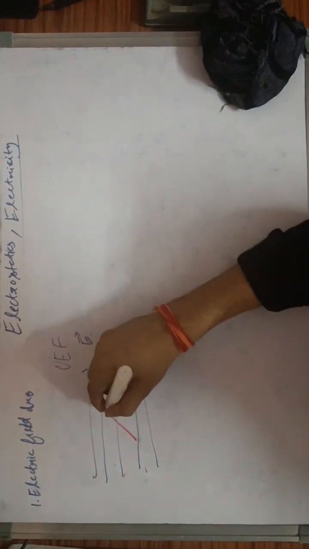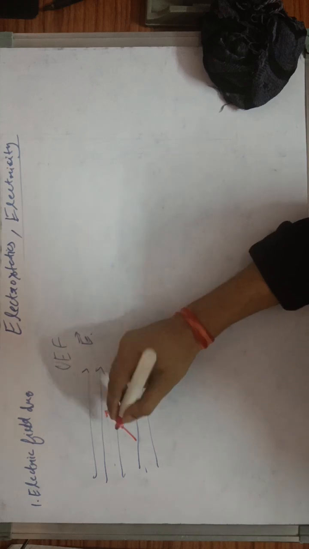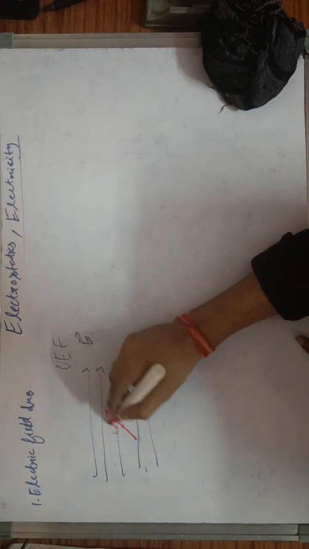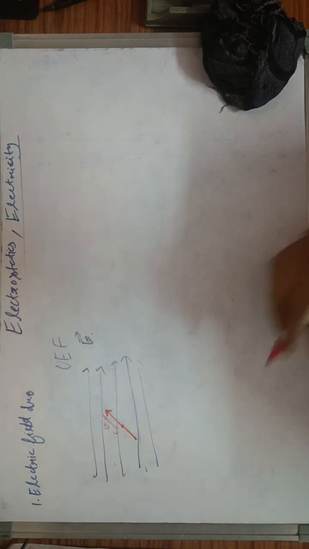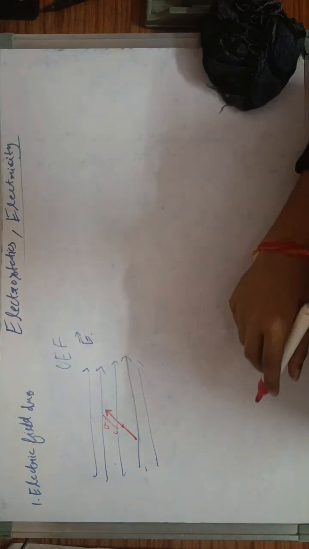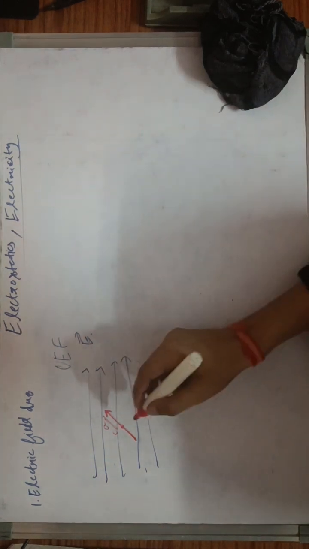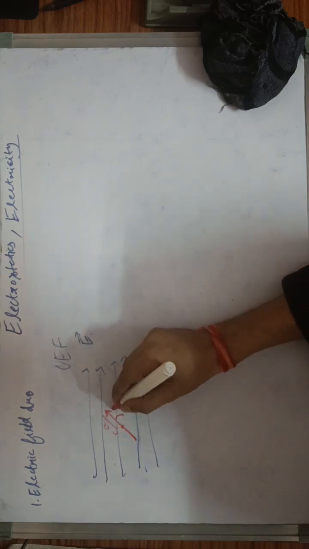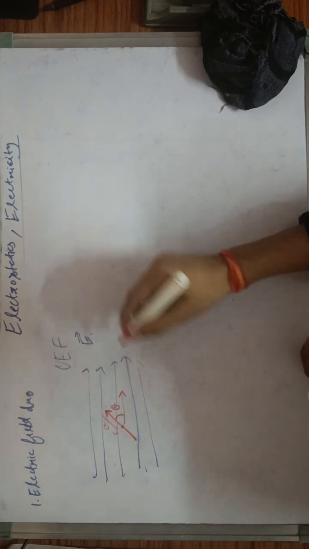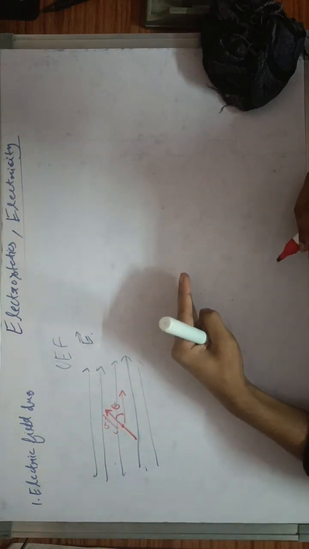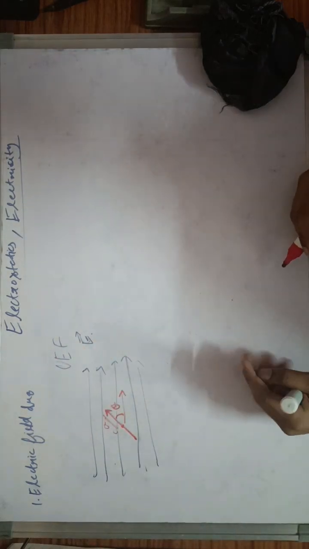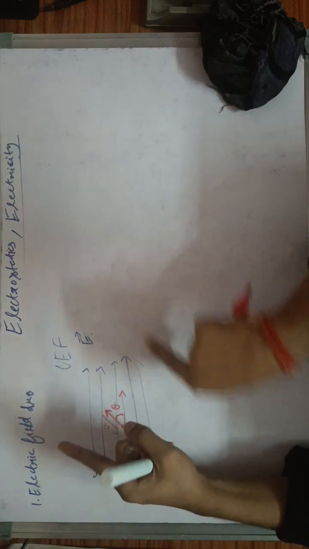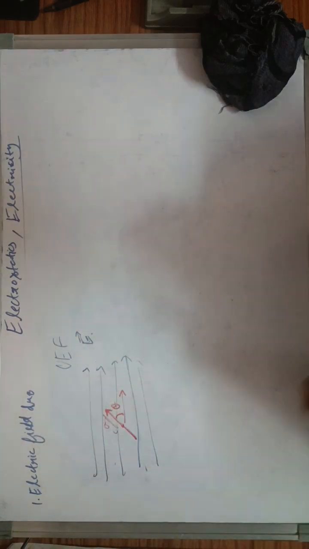Let's say this is the dipole with its center here, and half of the length of the dipole is A, and this dipole is making theta angle with this electric field direction. So with the positive direction of electric field, this dipole moment is making this theta angle. So this is the dipole moment vector and this is the electric field vector making theta angle between them.